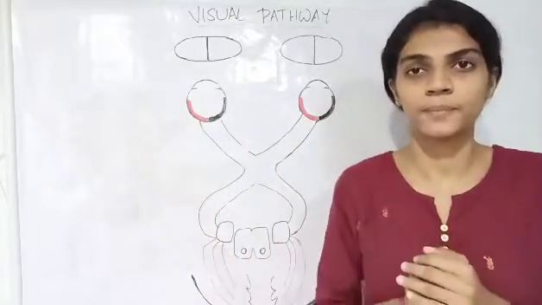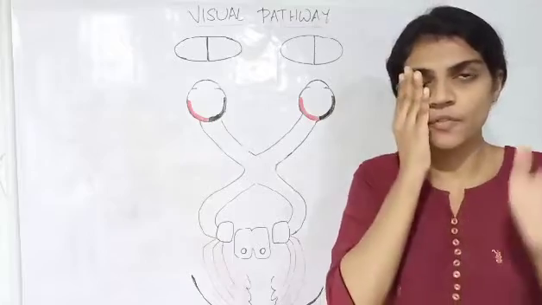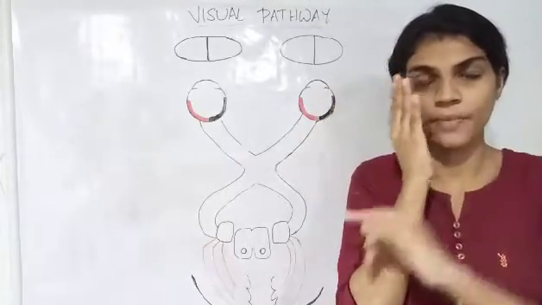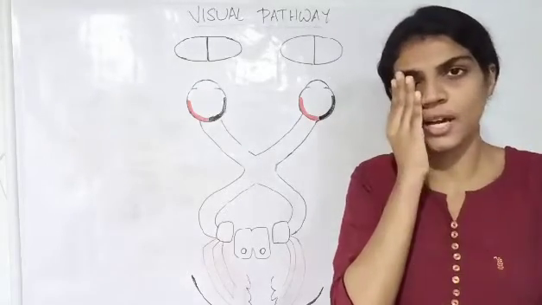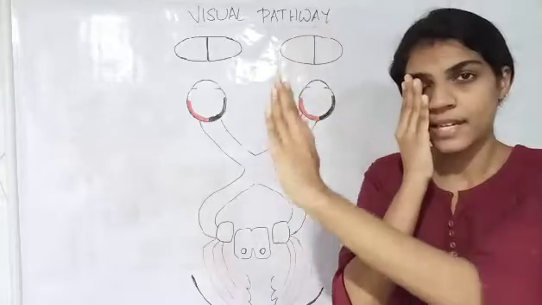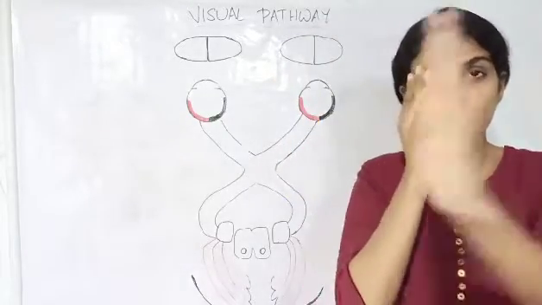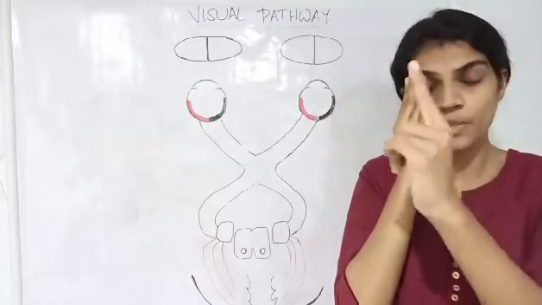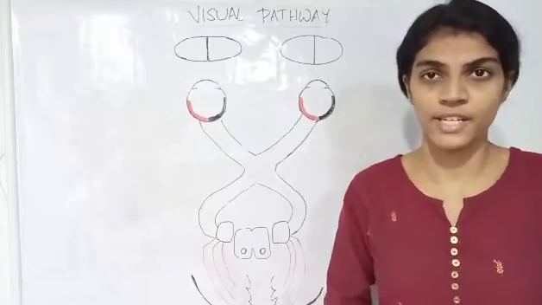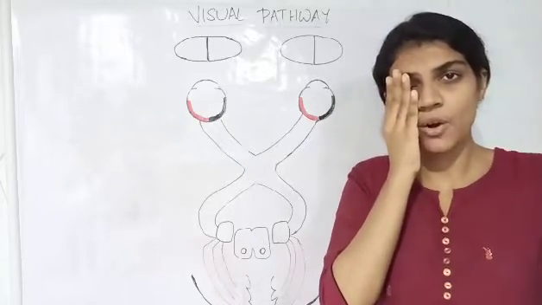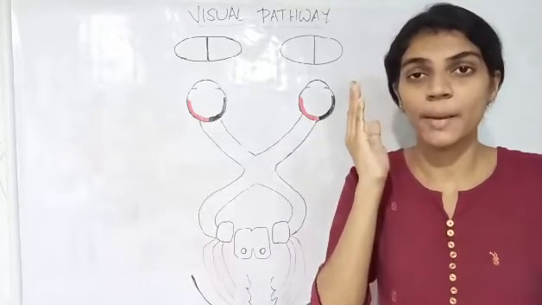So the whole visual field, 160 degrees horizontally, we can divide into two portions. The first one is the nasal visual field. If I'm observing the visual field of the left eye, the right side is the nasal one. The visual field which is nearer to your nose is known as the nasal visual field, and the outer field is the temporal visual field.